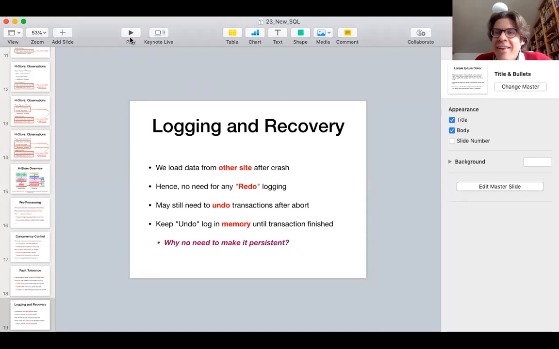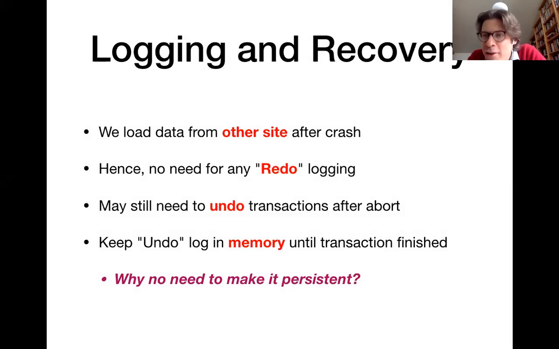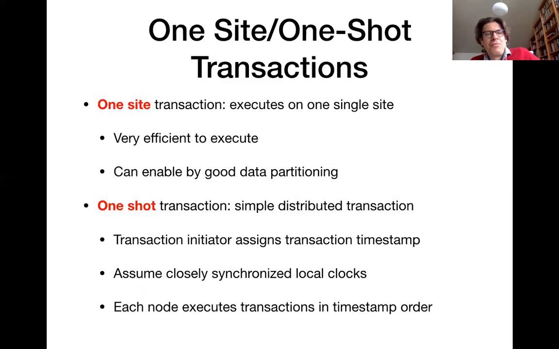Yes, very good. So here we actually benefit from the crash in the sense that all the effects of partially executed transactions are automatically erased, same as everything else in memory. Exactly. This is why we don't need to log any persistent undo entries. Very good.